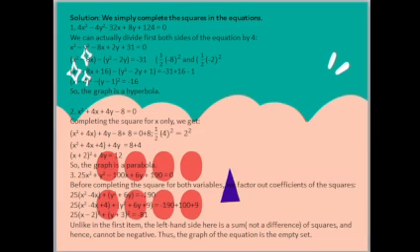Since they are perfect square trinomials, we need to find their binomial factors. So we have 25, and the square root of x squared is x, and the square root of 4 is 2. And the middle term is negative 4x, so we have 25 times x minus 2 squared. So that is the factor for x squared minus 4x plus 4.